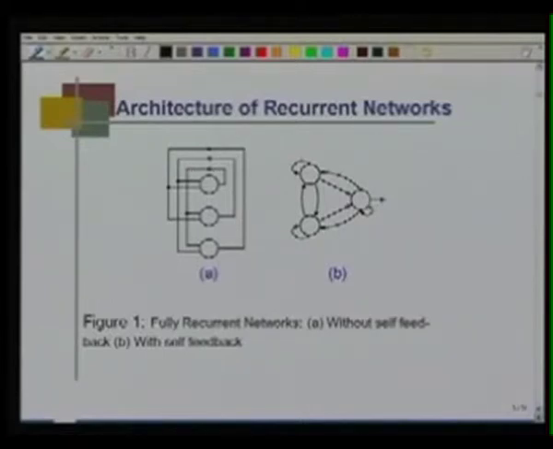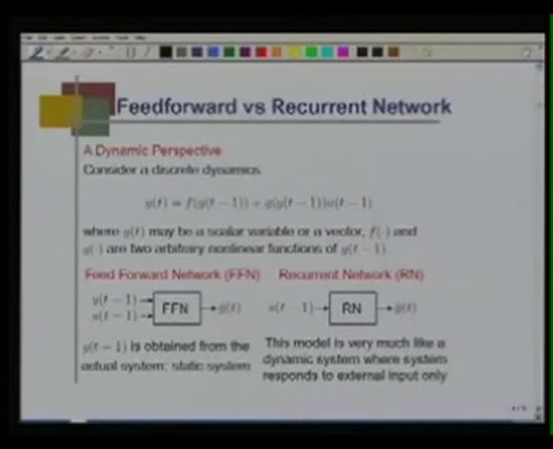This one goes only to this neuron and this neuron. So both are fully recurrent networks, but this is with self feedback, this is without self feedback. That is, each neuron is connected to each other in feedback.